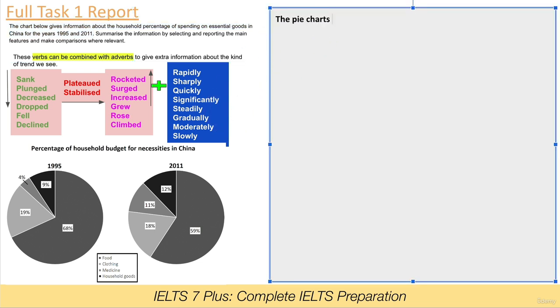The pie charts display the distribution of expenditure on essential goods, on vital items in China in the years 1995 and 2011.